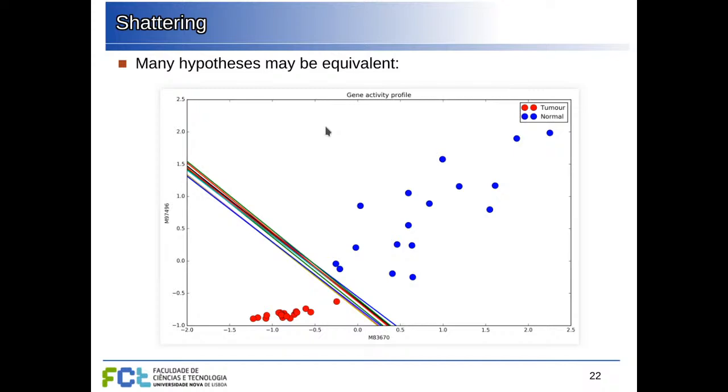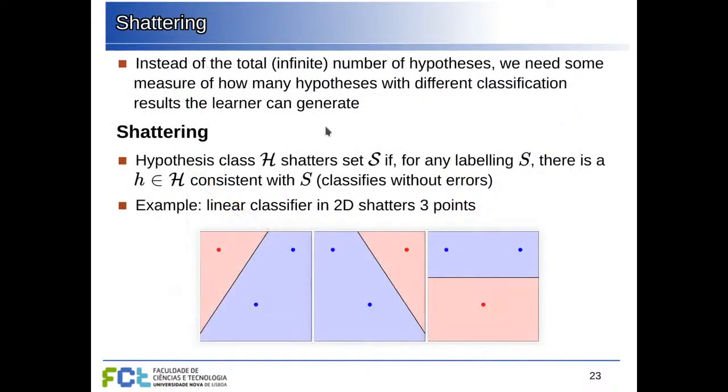So another way of trying to measure the power of a hypothesis class, instead of trying to count the individual hypotheses, which we cannot do when the parameters are continuous, is to have this notion that many may be equivalent, and what matters is how capable they are of dividing the points, the data set, into different classes. So this is the notion of shattering.